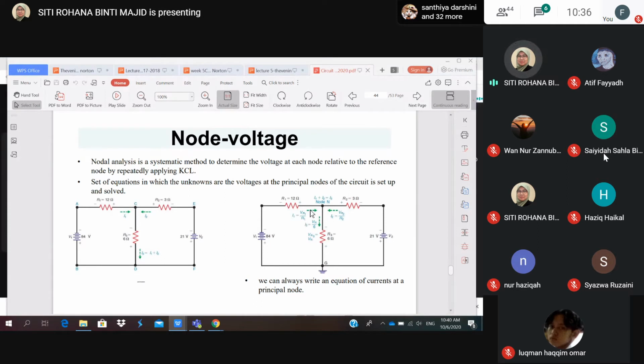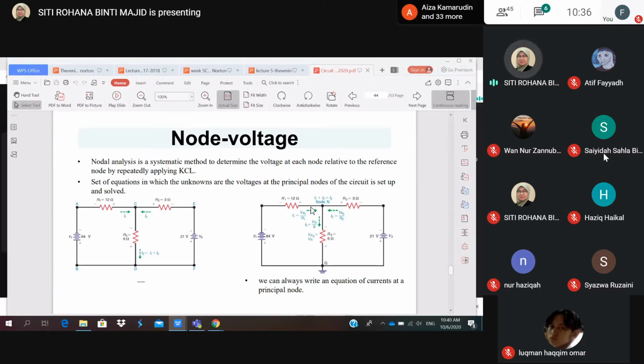That is for I1. If you remember, when we solved problems related to the mesh analysis method, we labeled the direction of I1, I2, I3, and the loop currents. I hope you remember that.